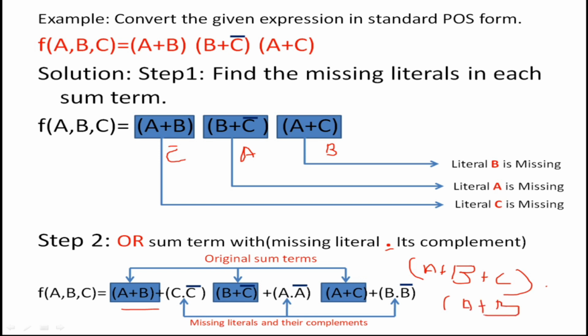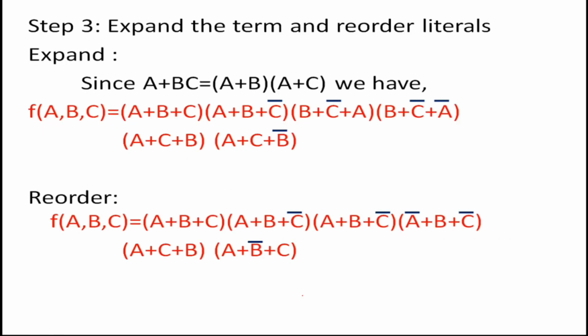Similarly, we are going to have B plus C bar, which is going to be multiplied as B plus C bar plus A, B plus C bar plus A bar. So this is how we are going to expand the terms.